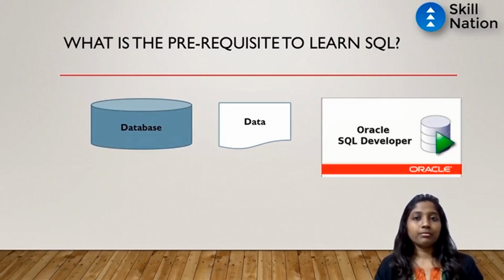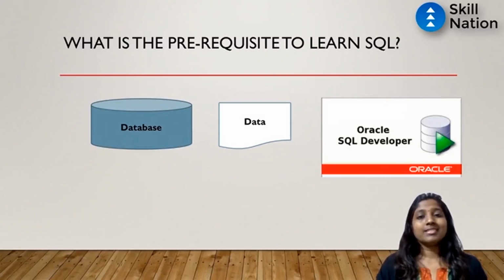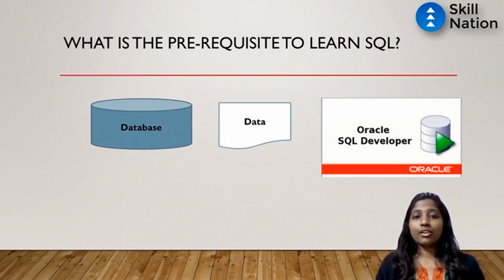Let's take an example of this. For example, your friend is staying elsewhere, right? You can't shout from here so that he or she can hear you and respond accordingly.